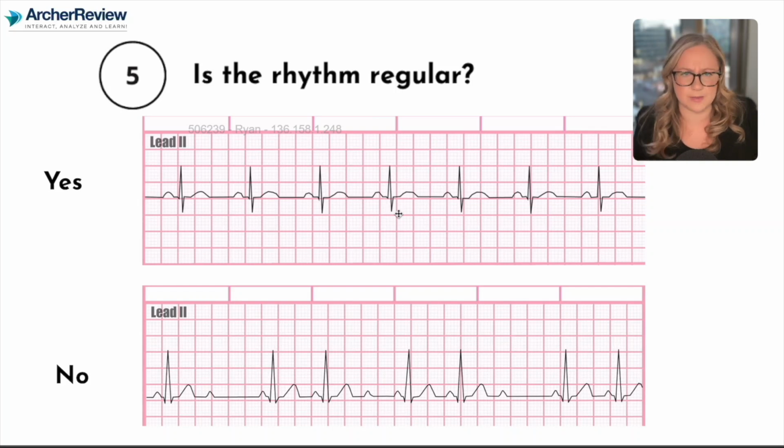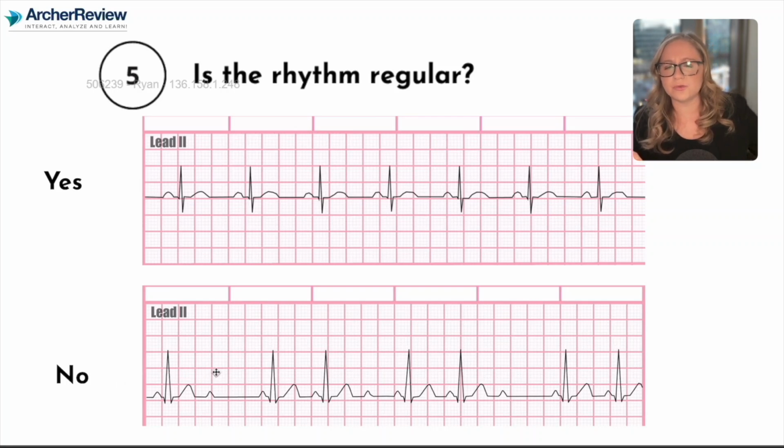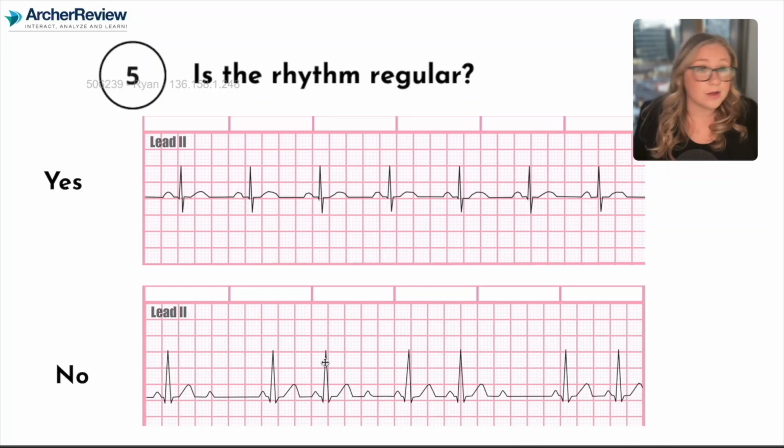They're evenly spaced. Now, if you compare it to the rhythm down below here, this is not a regular rhythm. We have a QRS here that has 1, 2, 3, 4, 5, 6, 6.5, 7 big boxes between QRS complexes. And then here, 1, 2, just over 3 big boxes between that QRS complex. They are not spaced evenly. So that's an example of a rhythm that is irregular.